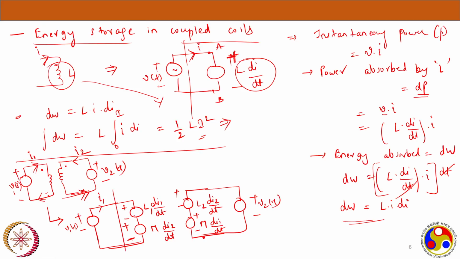Now, again, simply calculate the instantaneous power absorbed, that is small p. Now we have two coils here, and we are looking at only this part, not the source part. So this part and this part, voltage multiplied by current. What is the voltage? We have two voltage sources, L1 di1 by dt and M di2 by dt, that is being taken by this current I1.